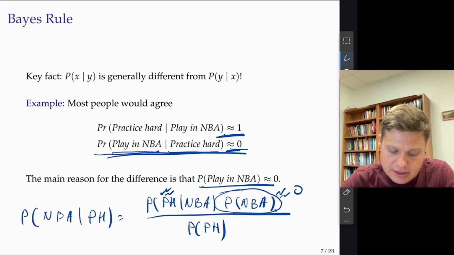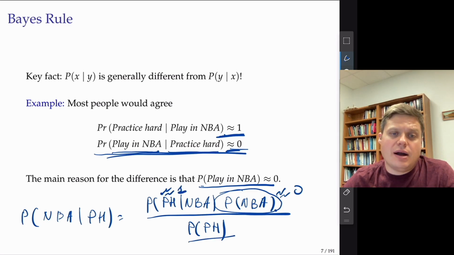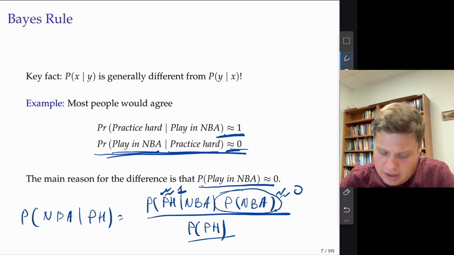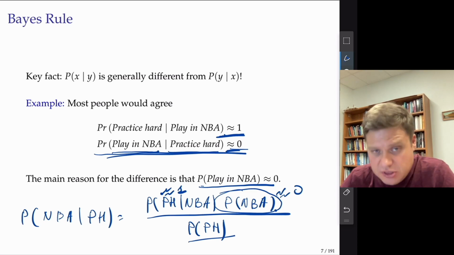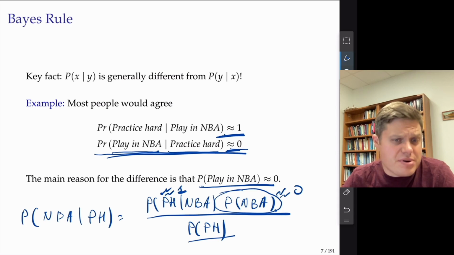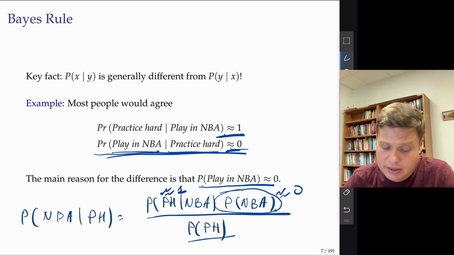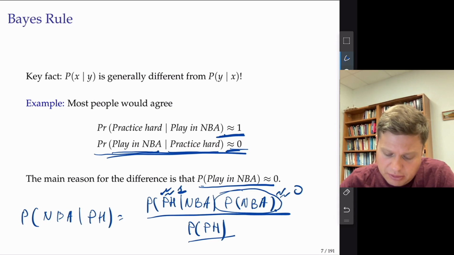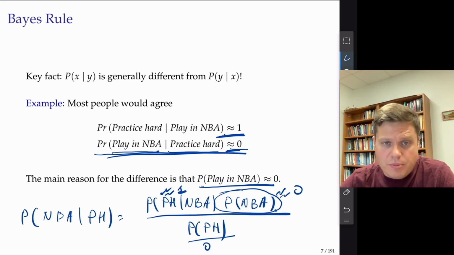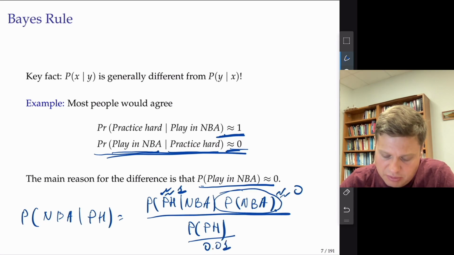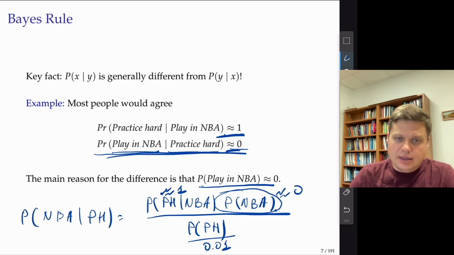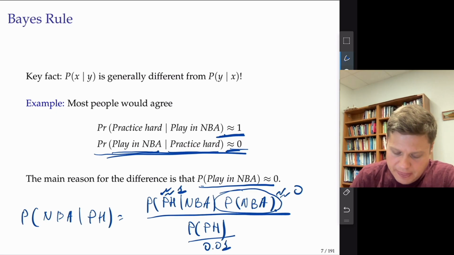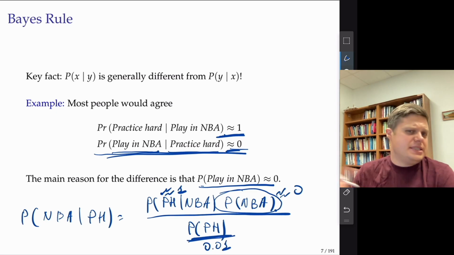This number is relatively close to one. And then the probability of practicing hard, I don't know, it may be whatever. That's just the proportion of people in the population who already practice hard, and it's probably a relatively small number. So maybe 1% of the people, at least in the United States, practice hard, either basketball or some other sport.